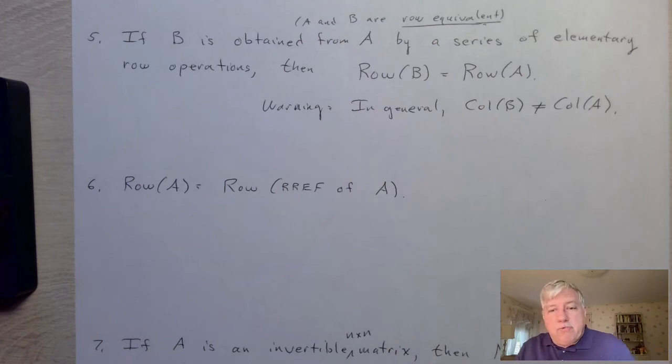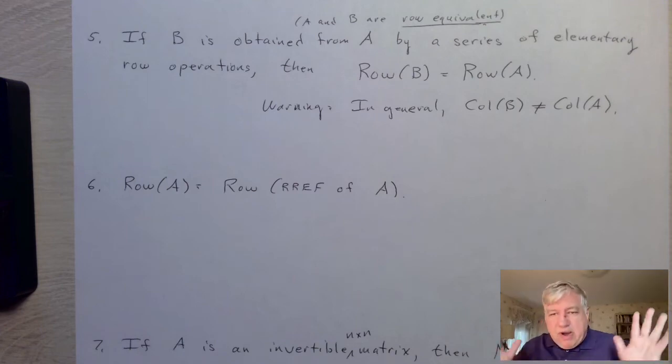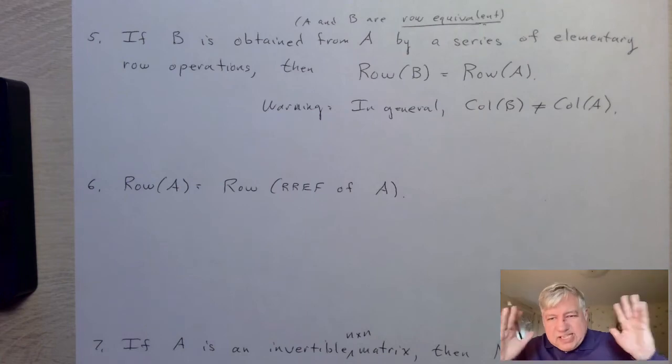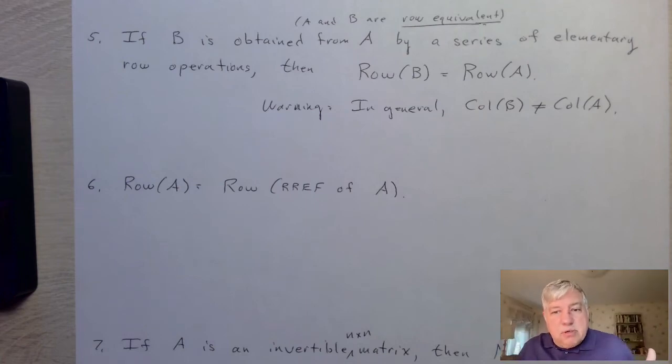So in general, if I give you a matrix and ask you for the row space, column space and null space, you want to find the reduced row echelon form, and just write out its rows, and that will span the row space.